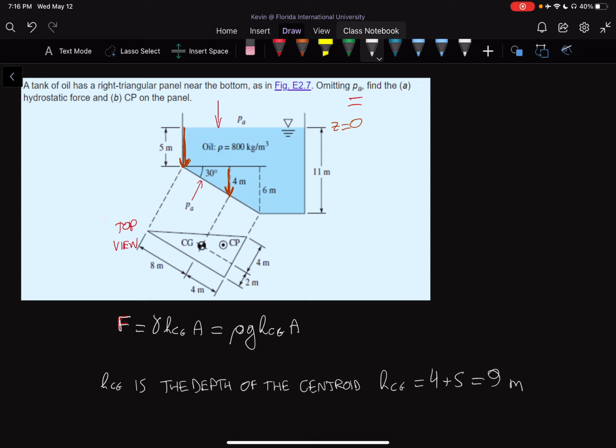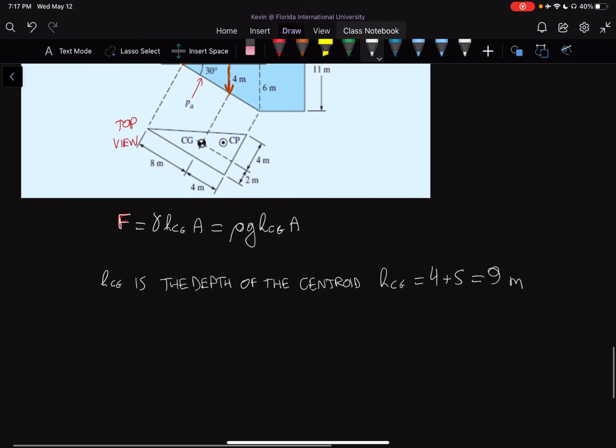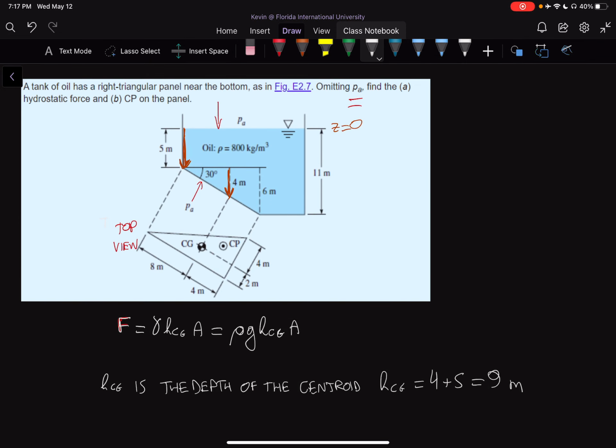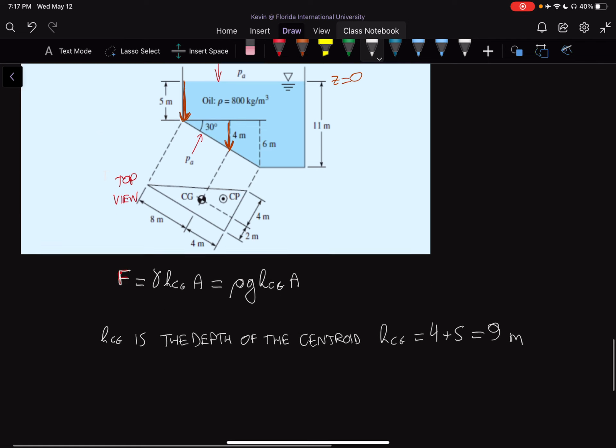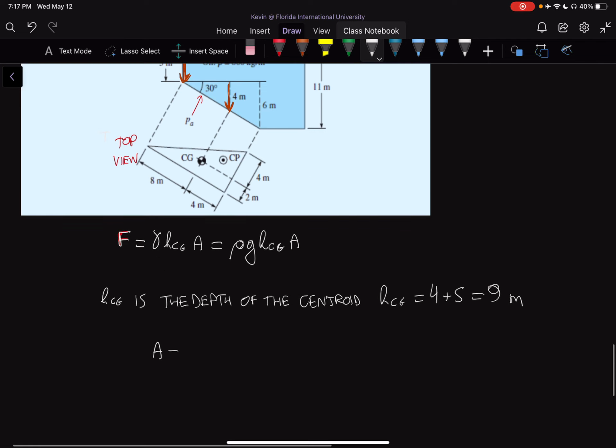Okay. Now, the other thing is we're told the density of the oil is 800 kilograms per meter cubed. So that's why I decided to change it to rho g, because we're given the oil density. So now that we have this, we need to multiply by the area. So we need to find what the area is. The area is just the area of a triangle. Very simple. We know it's a 6 by 12 triangle, so it's 1/2 times 6 times 12.